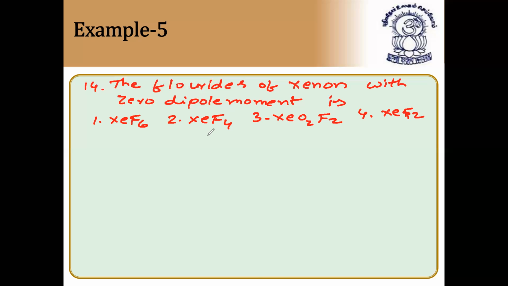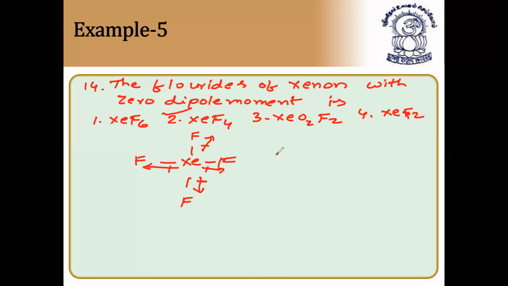So the answer is XeF4. Why is it XeF4? Because xenon has 4 bonds. Electron is going from xenon to fluorine, xenon to fluorine, xenon to fluorine, and xenon to fluorine. As the electron is going from xenon to fluorine in four directions, this side, it is going towards the opposite side also.